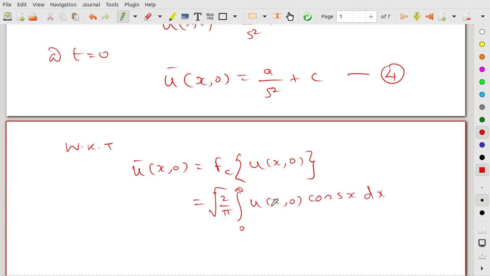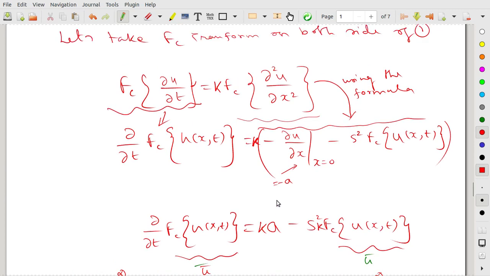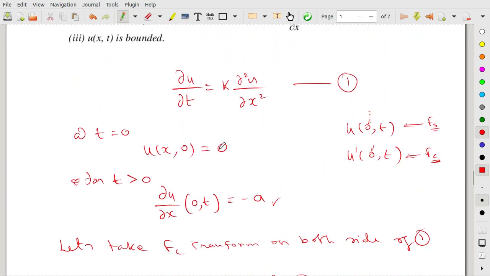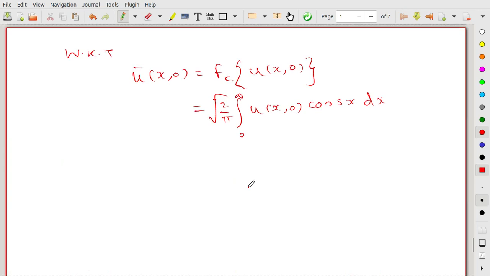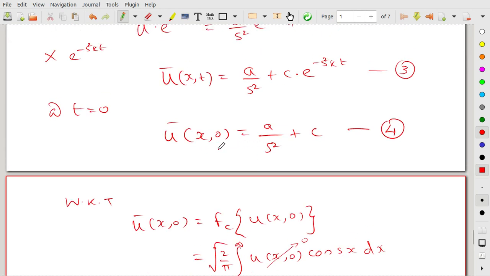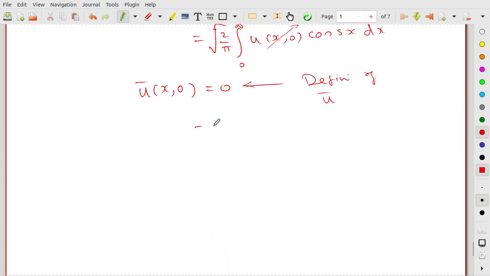And we know from the condition that u of x comma 0 is 0. Therefore this term becomes 0, therefore our u bar of x comma 0 equals 0. This is from the definition of u bar. We also have this here in equation 4.